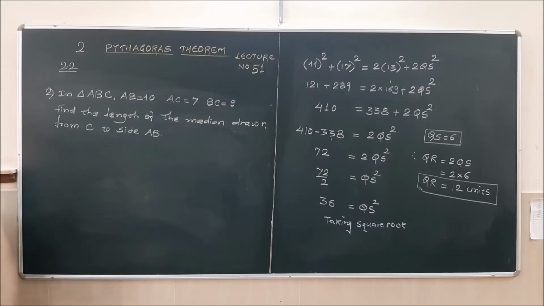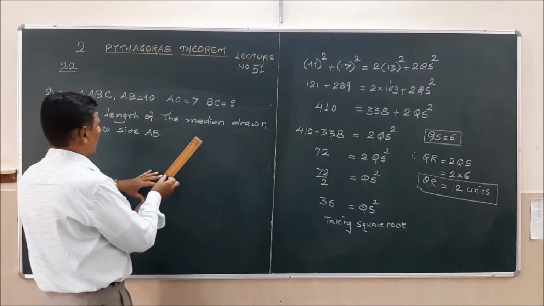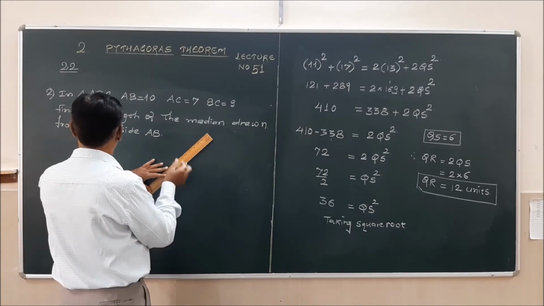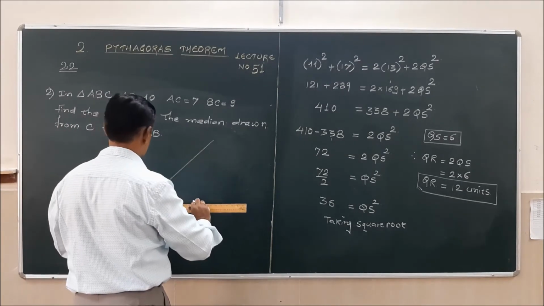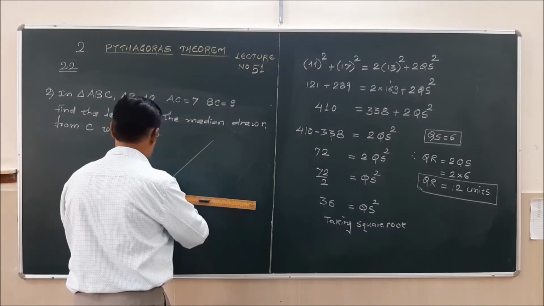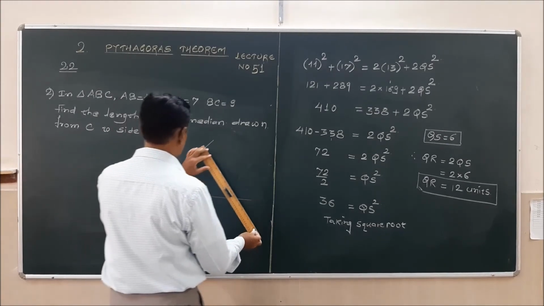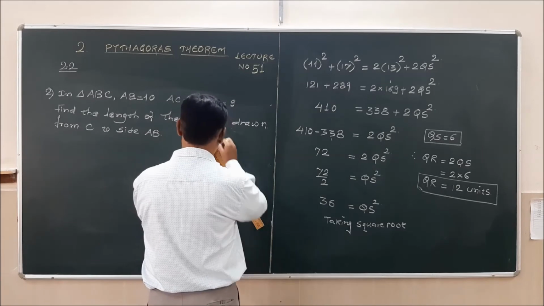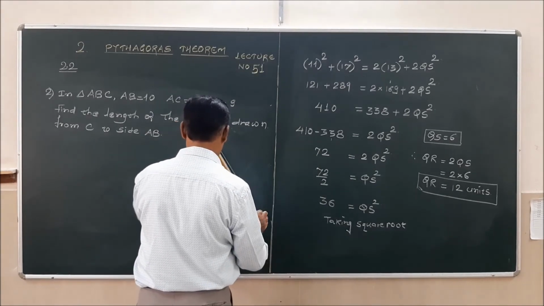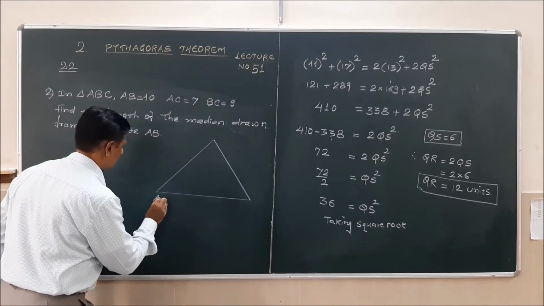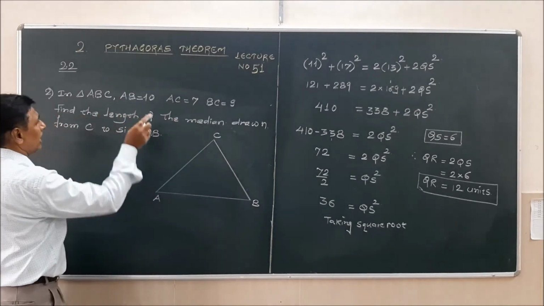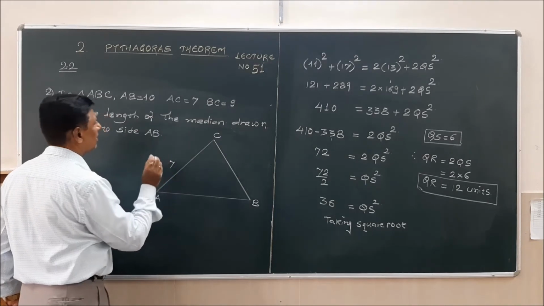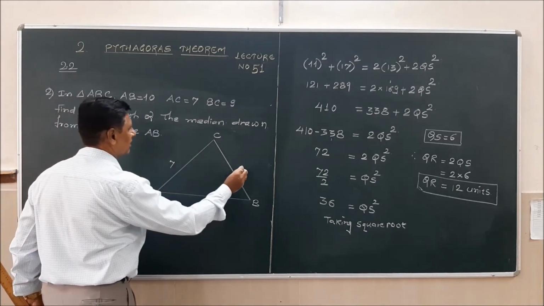So in triangle ABC, AC is 7, then BC is 9.